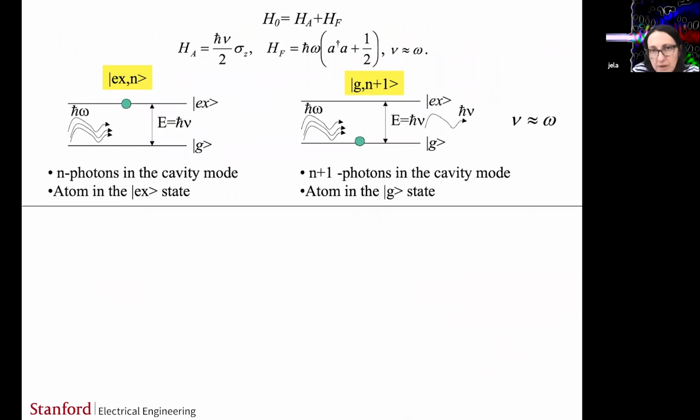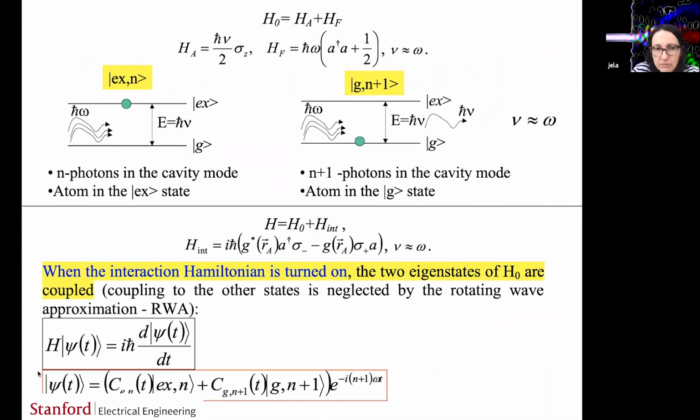So to solve the problem, I will just expand the solution for the wave function psi in terms of the original eigenstates of the system, which are Ex, n and G, n plus 1. The coefficients multiplying them will be time dependent in the general case. I'm just pulling out here a rapidly varying term, which is e to the minus i (n plus 1) omega t.